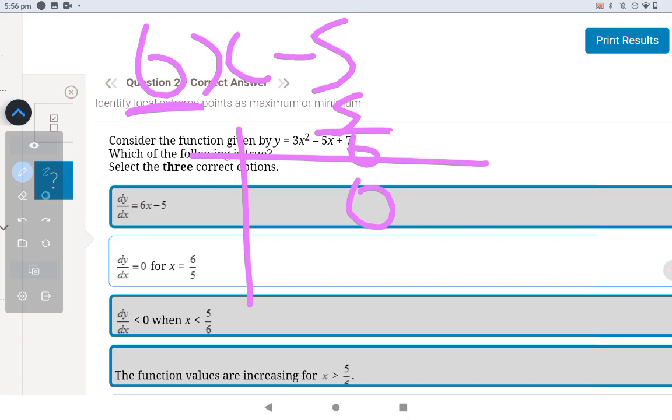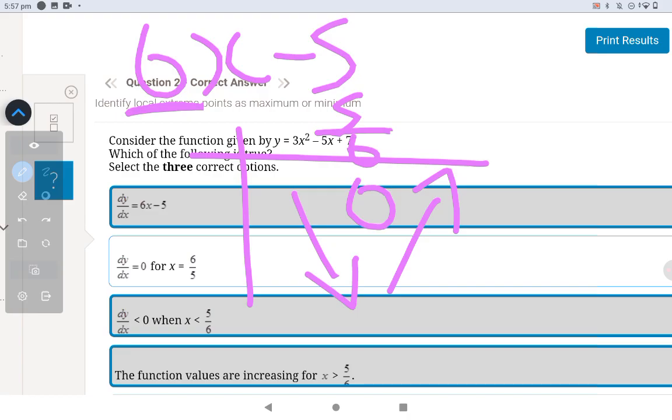It's not negative 6, it's positive 6. So opposite of the positive is going to be negative, and then opposite same, so after opposite it's the same, so it's going to be positive. So from here you can see at 5 over 6 it is 0, and anything before 5 over 6 is negative.